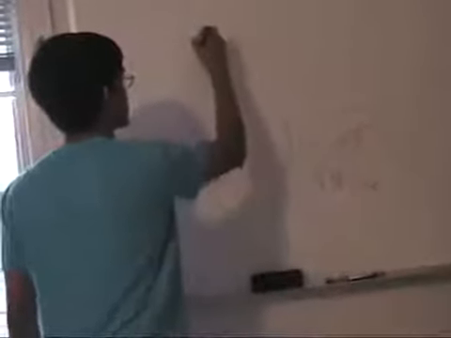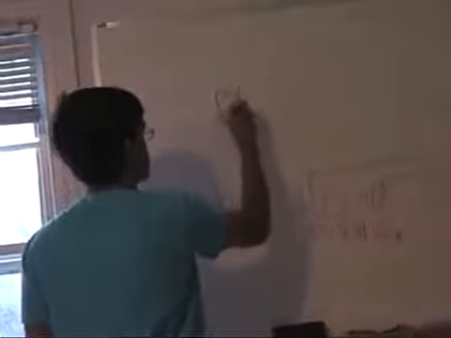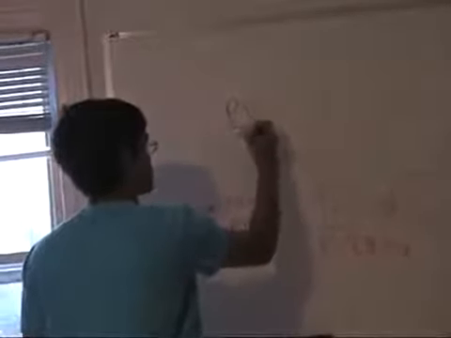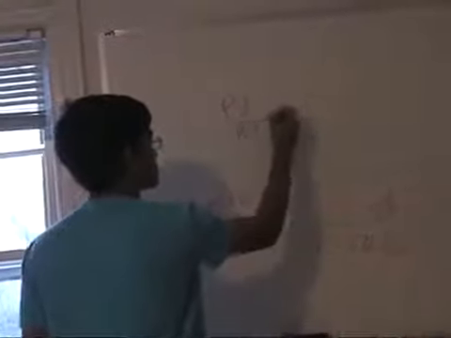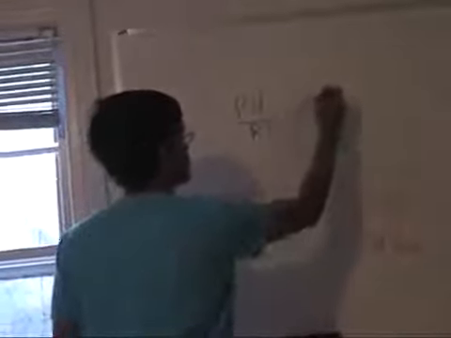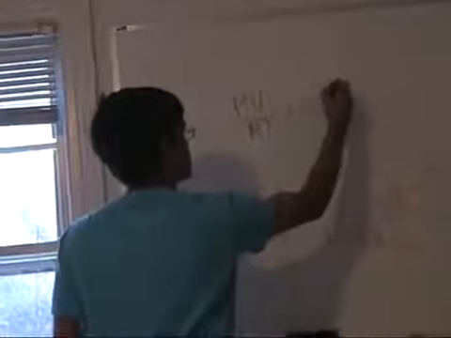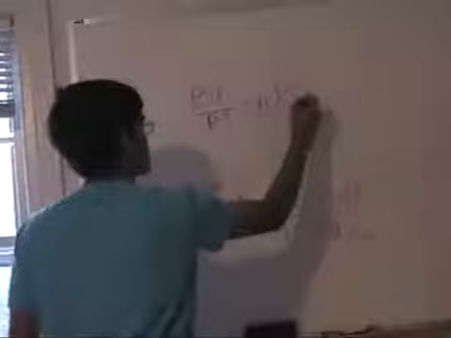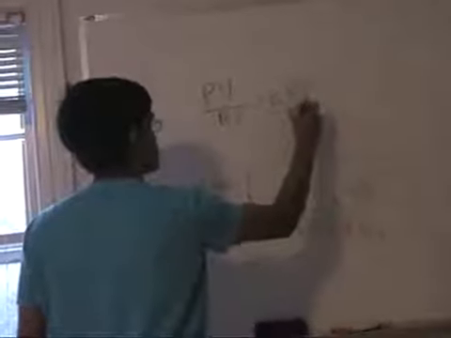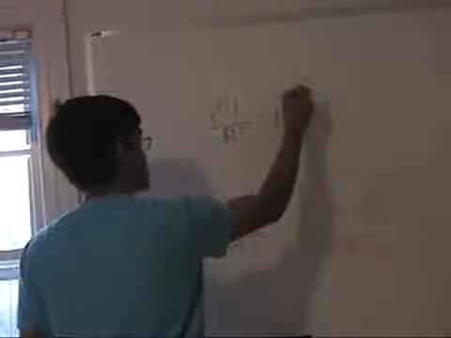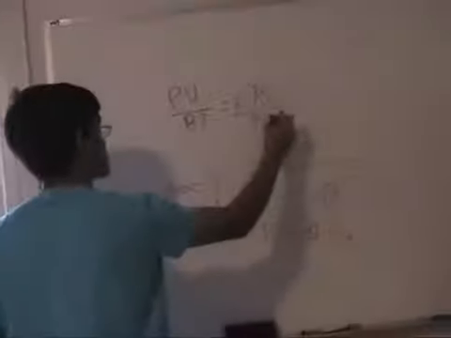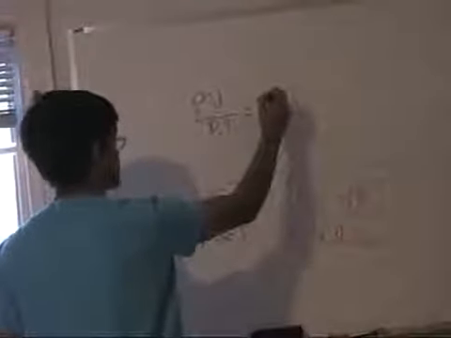So we have PV divided by RT is equal to nRT divided by RT. Since RT cancels on this side, we have n all by itself.